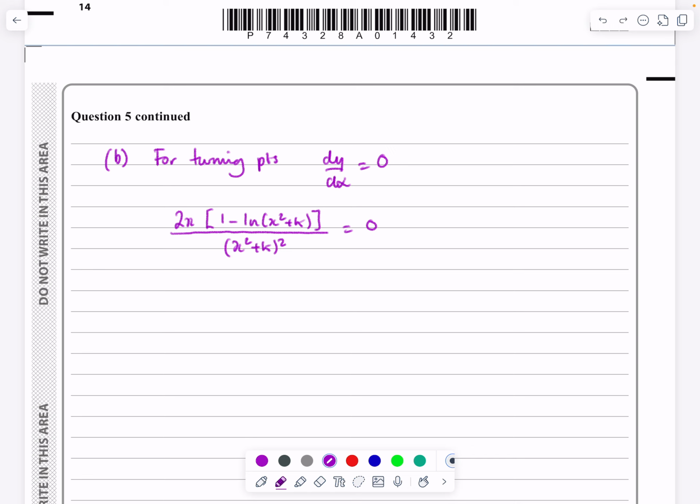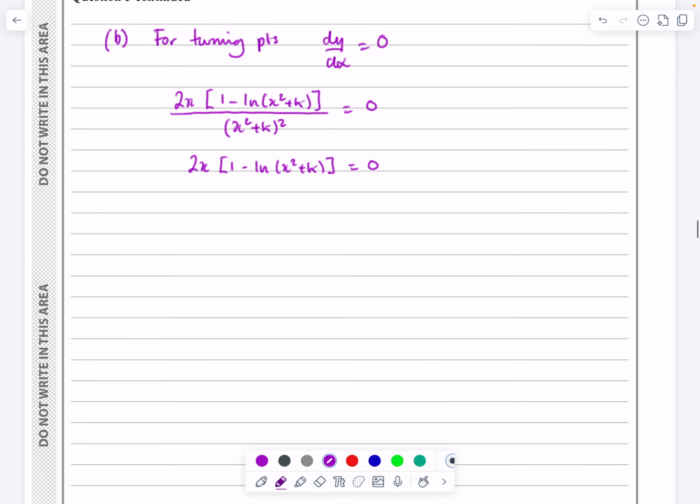So that really simplifies anything that we might have had from part A in terms of our differentiating. Remember, they asked for 3 answers, so I'm going to get 2x equals 0, x equals 0. That's one of my answers, and the other 2 are going to come from 1 minus log of x squared plus k equals 0.